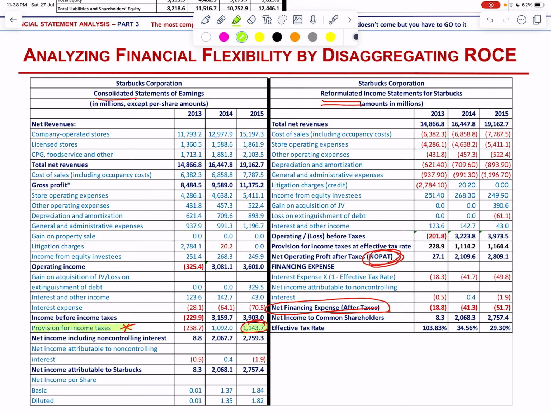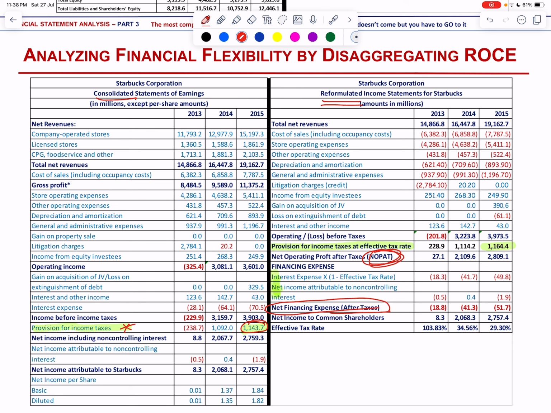However, the reformulated statement shows a tax provision of 1,164 on the operating profit before taxes. This higher tax provision in the reformulated statement happens because interest expenses is excluded from the income before taxes.